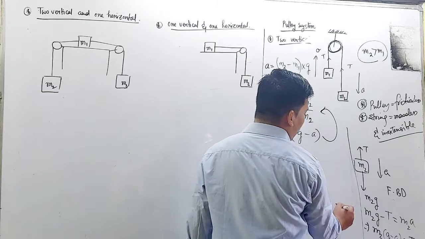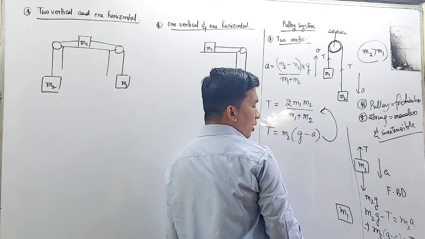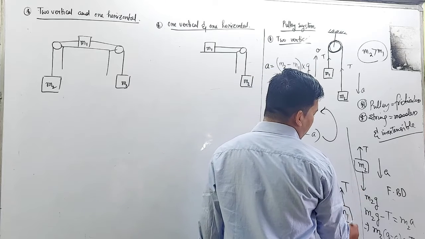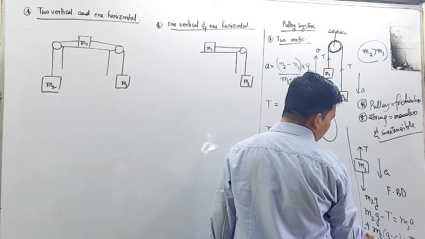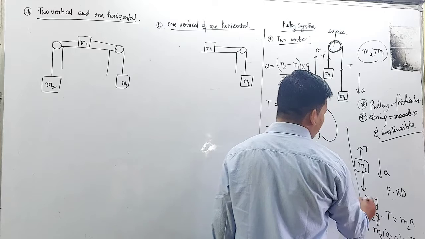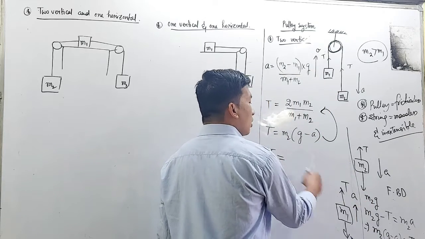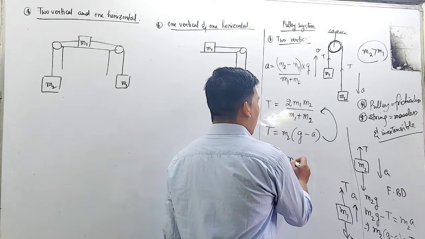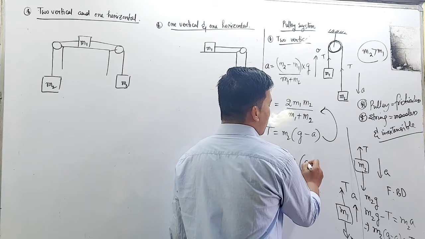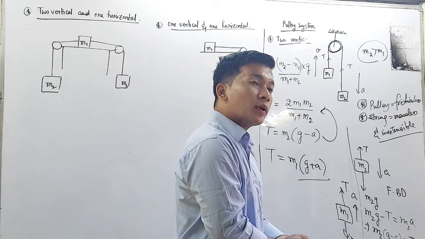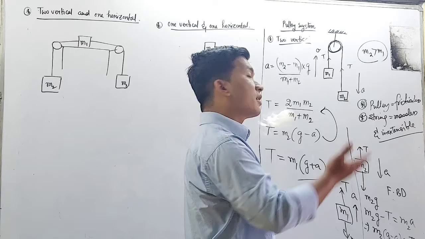Next, we have M1. M1 is moving upward with the common acceleration a. Very simple, tension T will be equal to m1 times g plus a. Any object that is moving upward will have an increase in the weight.